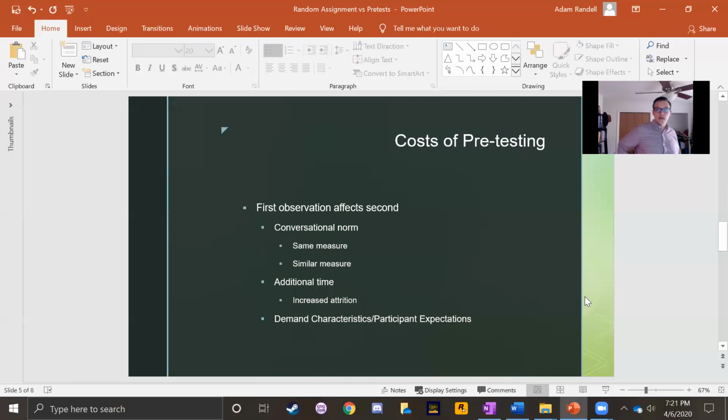And there are quite a number of costs to pretesting. For example, first, conversational norms. There's a whole slew of conversational norms, and you know these conversational norms implicitly because when people violate them, it seems weird to you. So, for example, if I asked you, "How are you doing today?" and you told me, and then 2 seconds later I said, "So, are you having a good day?"